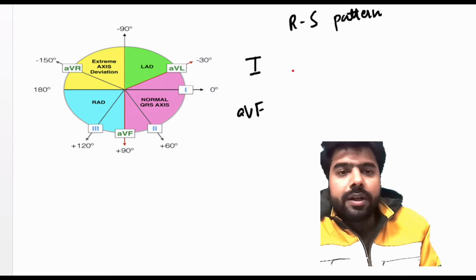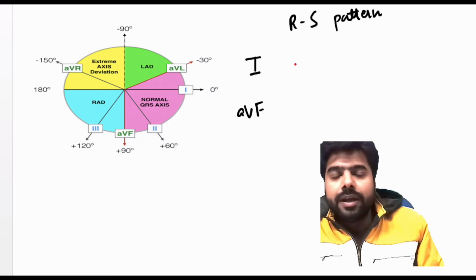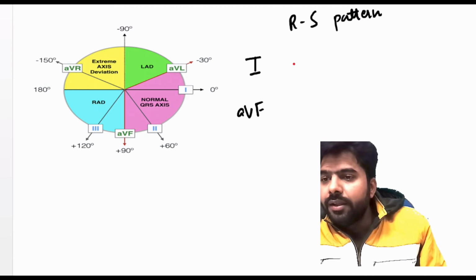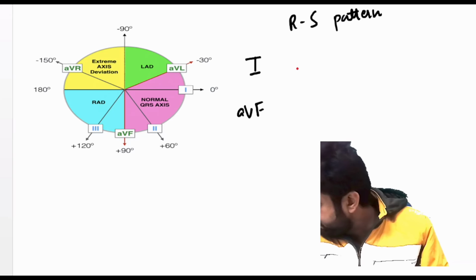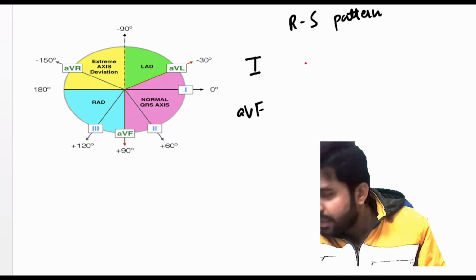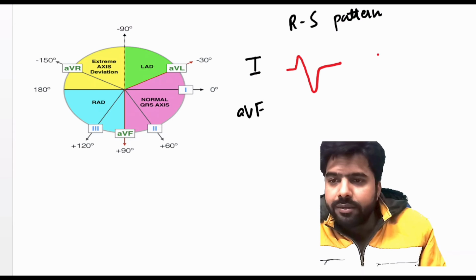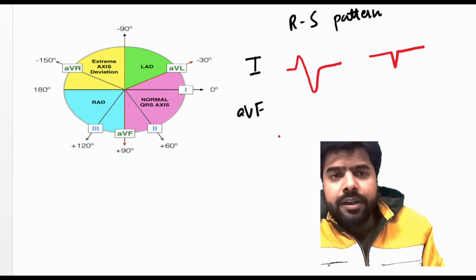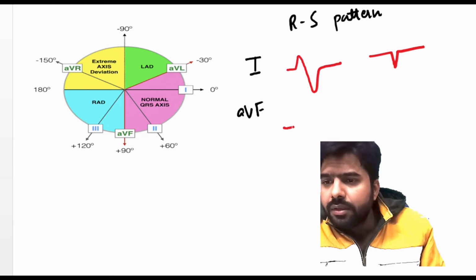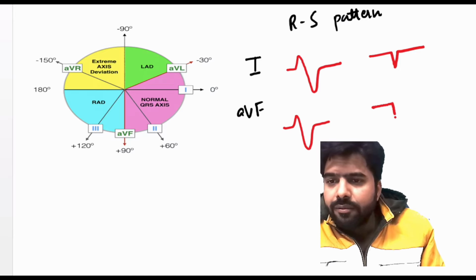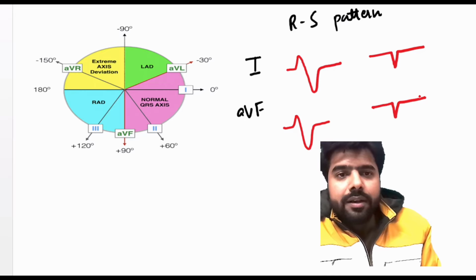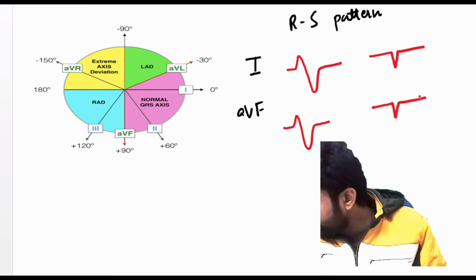Let us take another example for extreme axis deviation. In lead 1, the R wave is smaller than the S wave, so it shows a negative deflection. In lead AVF also, the R wave is less than the S wave, therefore it shows a negative downslope.